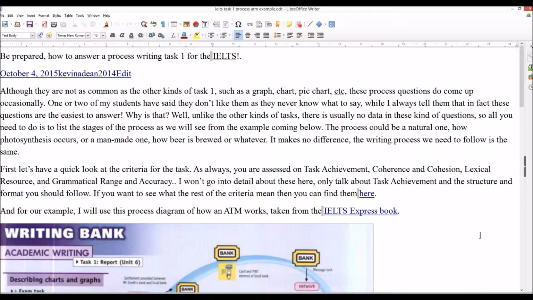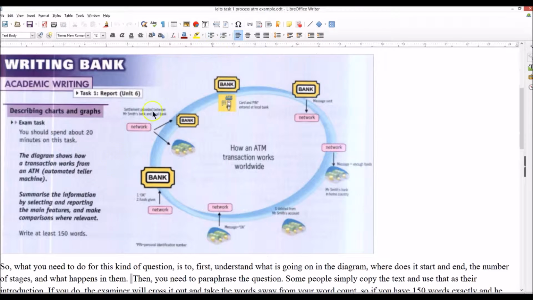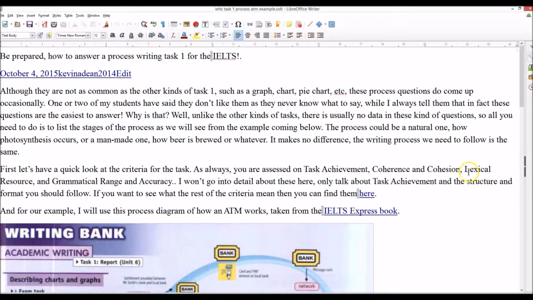There is no data. I mean, if we take a look at this one here, it's how an ATM, automatic transaction, works when you put in your card to taking out cash. There's no figures, there's no data involved. It's purely a process. Now, we've got two different kinds of process.